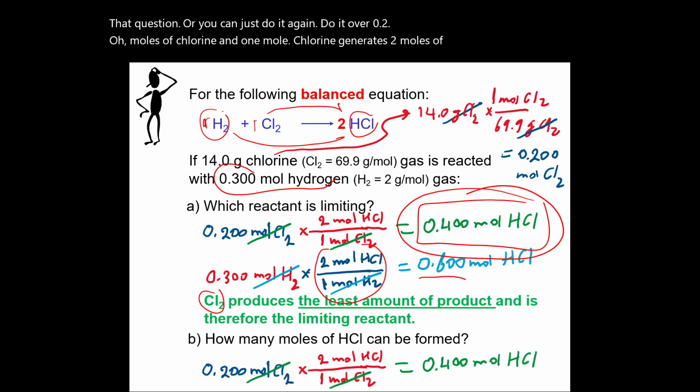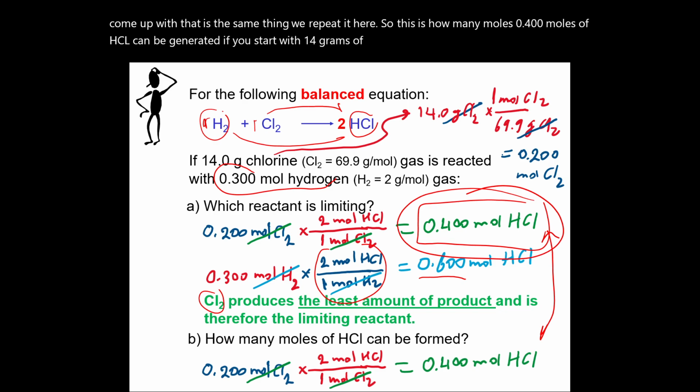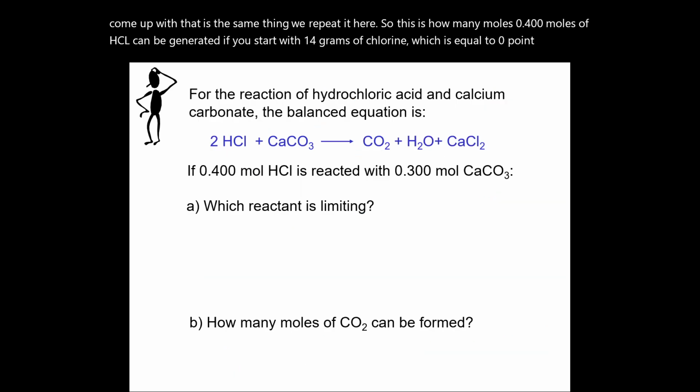You cancel out, and you come up with the same thing. We repeat it here. So 0.400 moles of HCl can be generated if you start with 14 grams of chlorine, which is equivalent to 0.2 moles of chlorine.